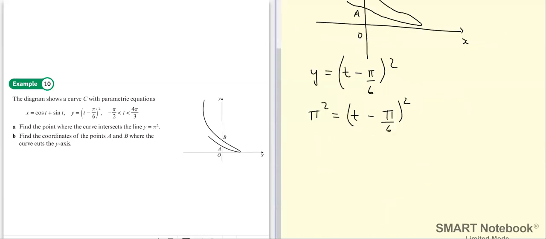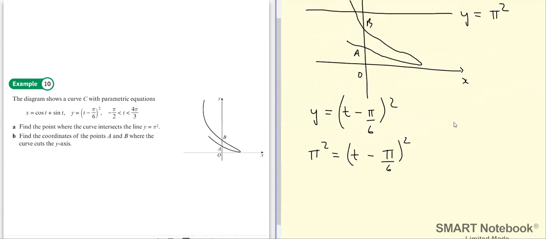Does that make sense? Are we happy with that? And what we're actually going to do is find the t point at that coordinate. Right, you do that. Tell me what you get for the t value. And once you've got the t value, what are you going to do next to actually answer part A? Also let me know in the chat.